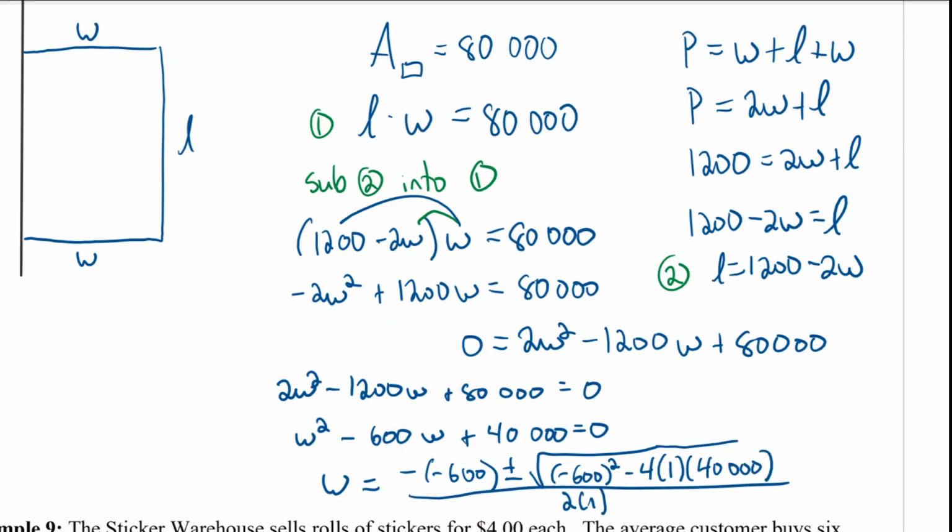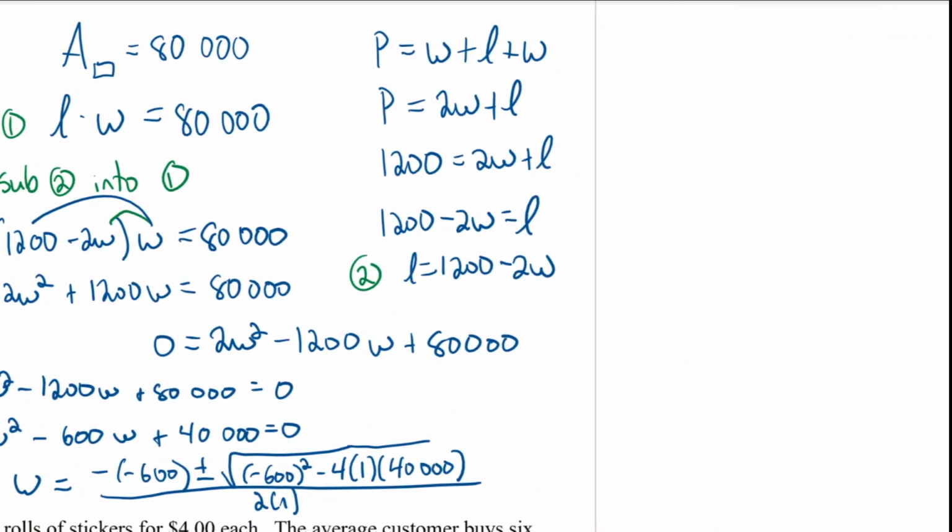As a result of the quadratic formula, W is going to be either 76.4 or W is going to be 523.6.